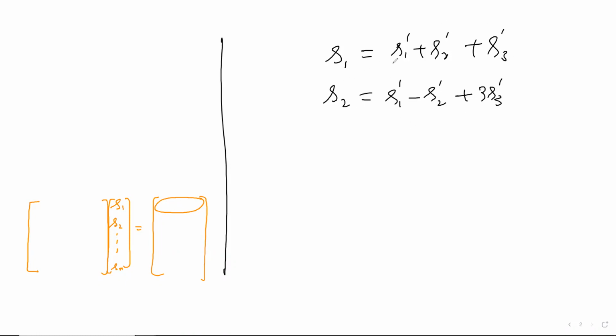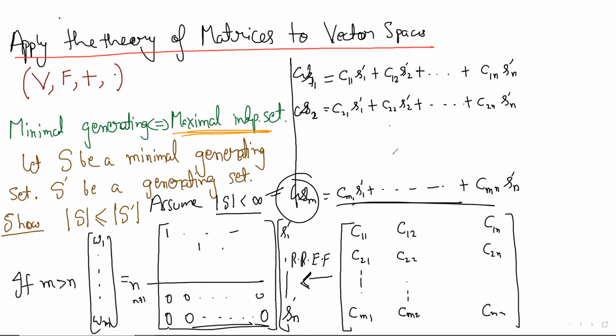And then if you apply an operation on this side, so when you are doing row operations, you're basically taking linear combinations of the rows.